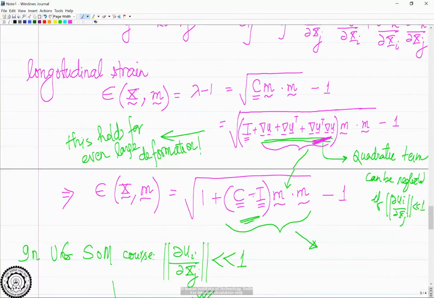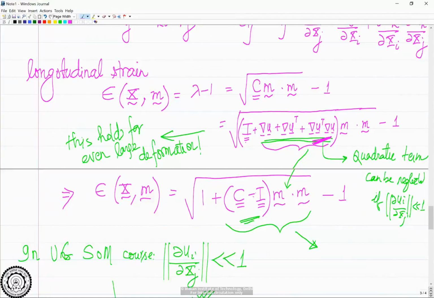Or suppose an aircraft is flying and its engine is rotating such that it goes into resonance, so the amplitudes are going to become very, very large. In that case, the assumption of a small displacement gradient does not work, and you have to look for finite deformation.